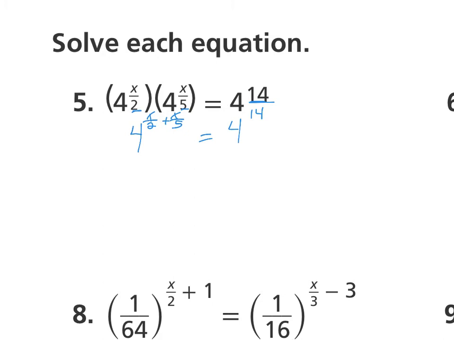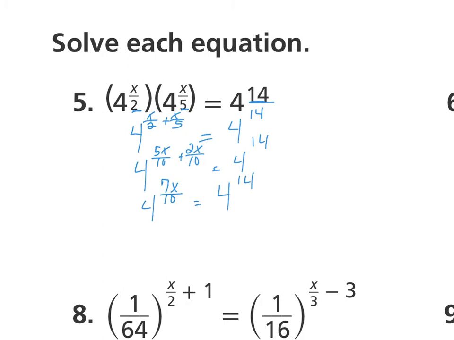So I need to add x over 2 and x over 5. Their least common multiple is 10. So I've got 4 to the 5x over 10 plus 2x over 10 equals 4 to the 14th. So 4 to the 7x over 10 equals 4 to the 14th power.